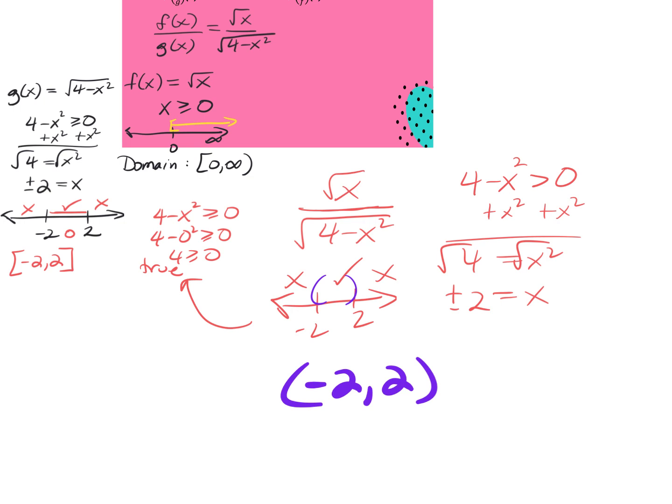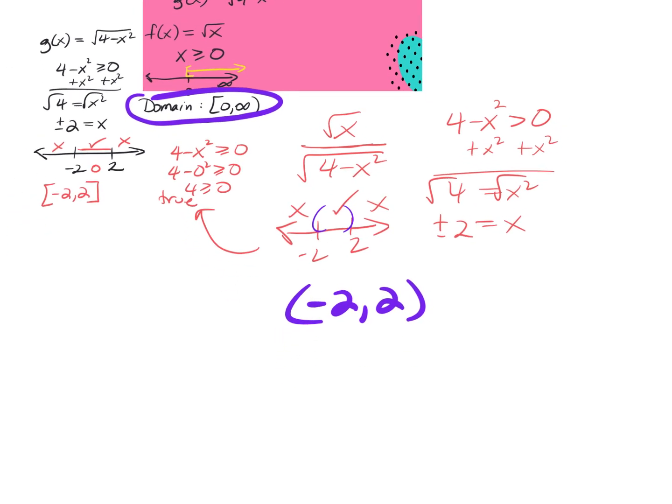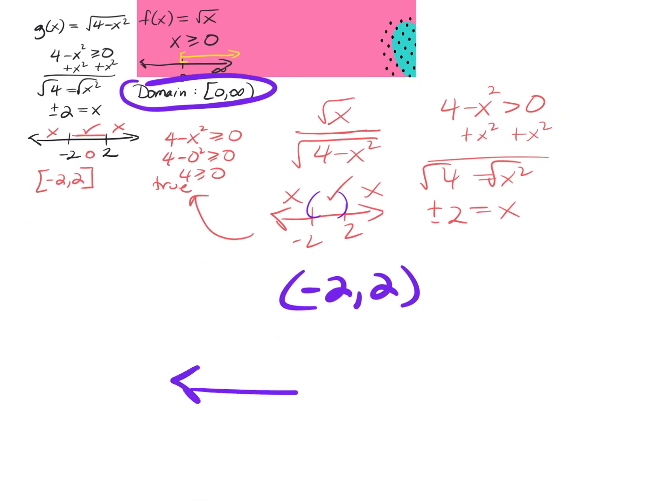Now, I also have to incorporate the domain of my original, which was here, of my numerator, sorry. So let's put both of them on the number line. I have the 0, the negative 2, the positive 2.